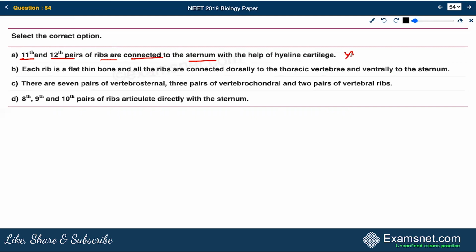Because the 11th and 12th pairs of ribs are floating ribs. They are not connected ventrally, that means they are not connected to the sternum. So that's why this is an incorrect statement. Option A is incorrect, because the 11th and 12th pairs of ribs are actually floating ribs.